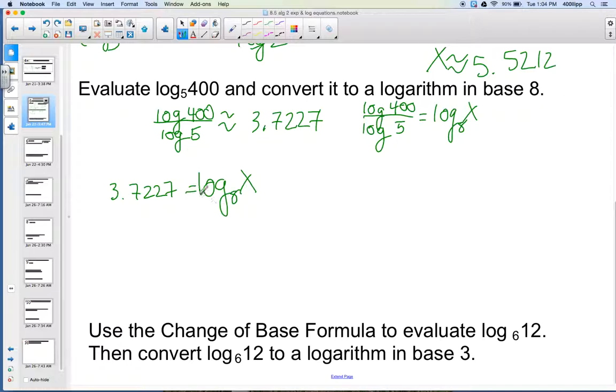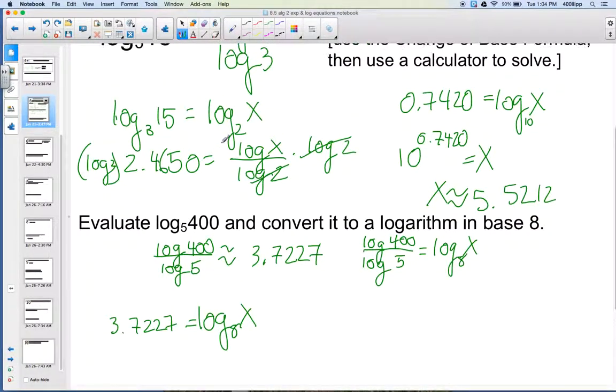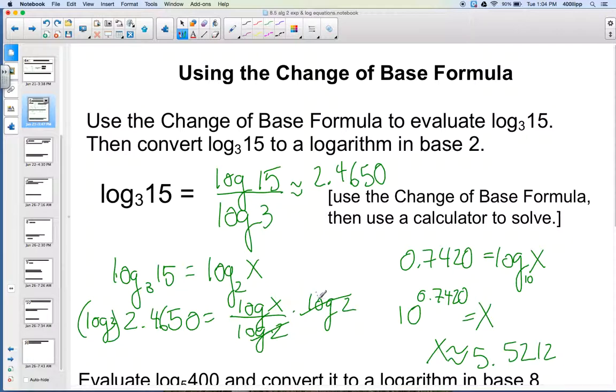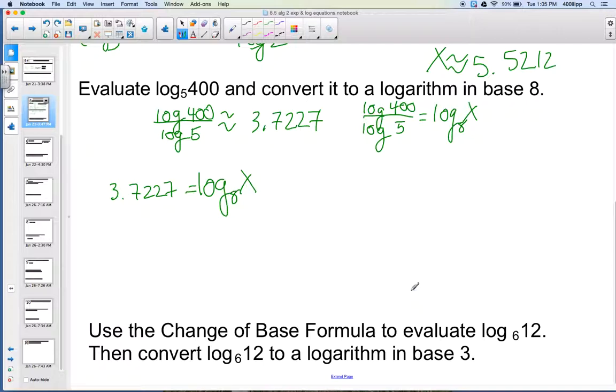So in the previous problem, what we did was we used the change of base formula, multiplied both sides by log of 2, and then we converted it to have a base of 10. For this one, you can just change it right away from here: 8 to the 3.7227 is equal to x.